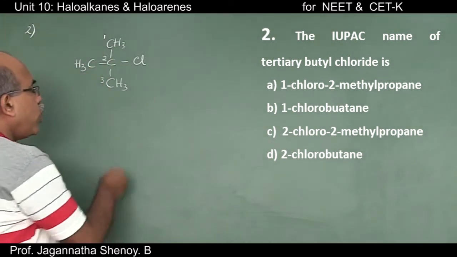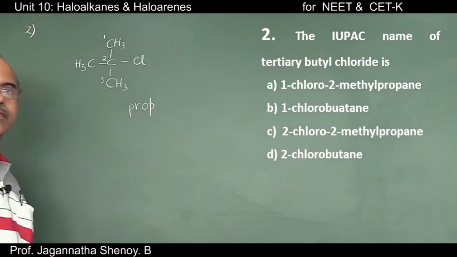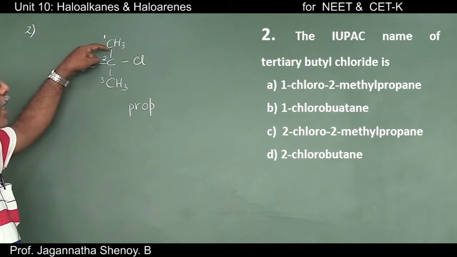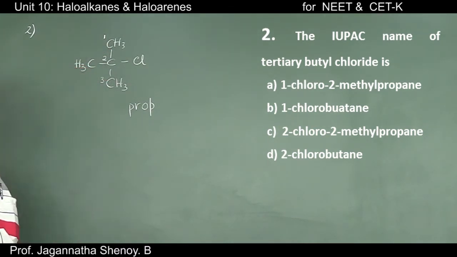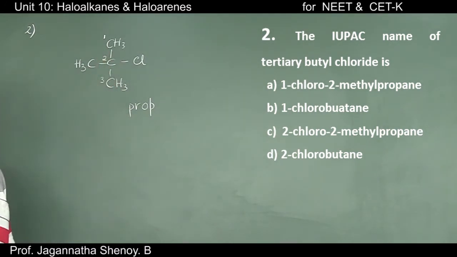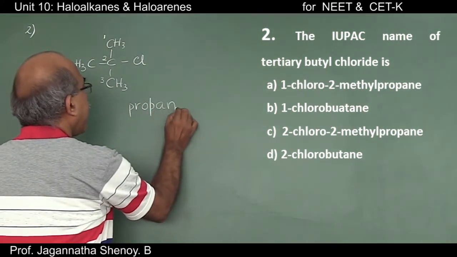That's why the root word has to be prop. And also, you can make out that the carbon atoms of the main chain are connected to one another by means of single bonds. That is why the primary suffix in this case is propane.